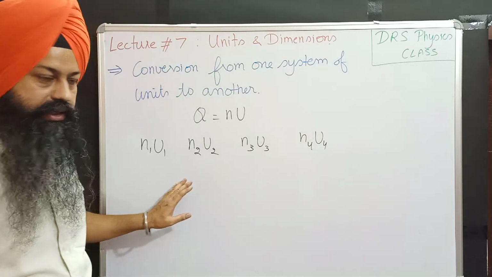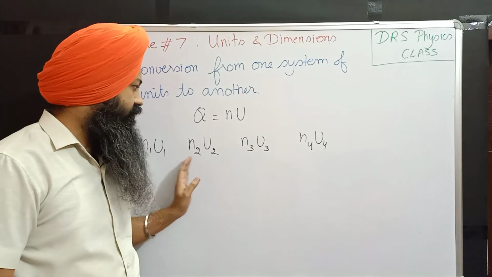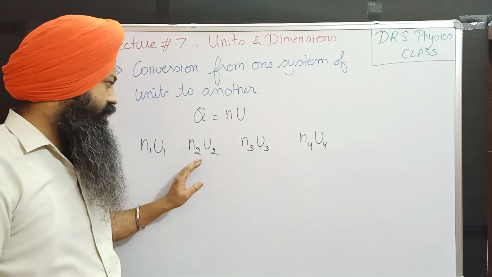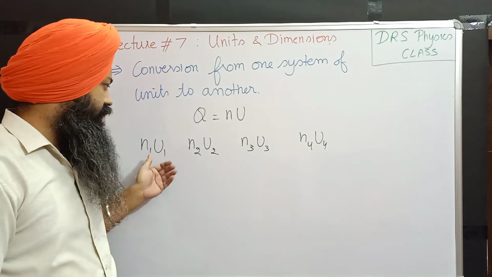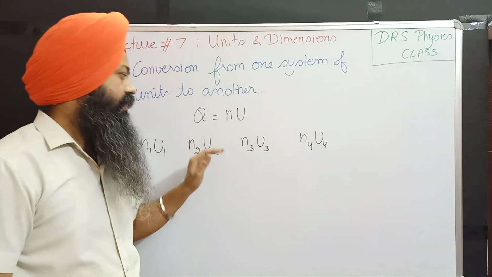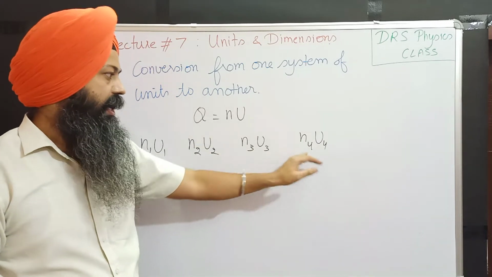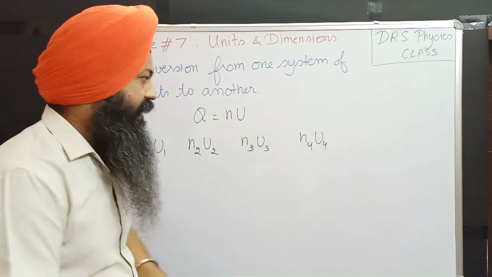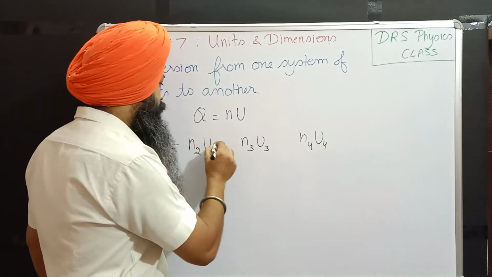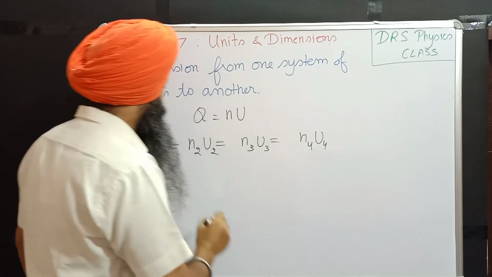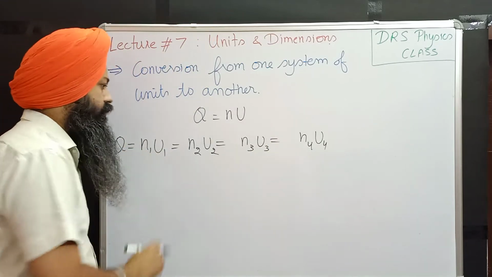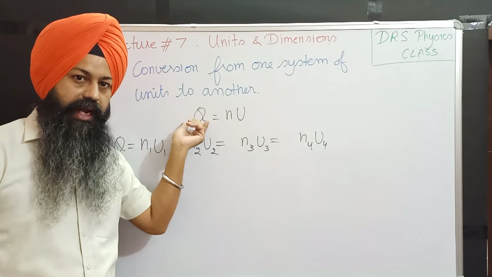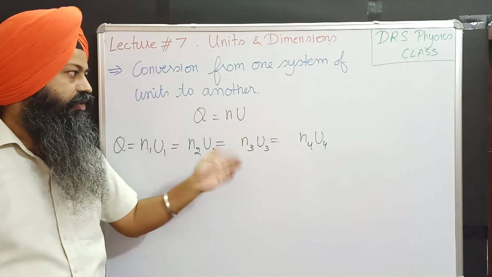So four persons have measured values in four different units. In the first system it is N1 U1, second N2 U2, third N3 U3, fourth N4 U4. What will they find? They find that all these values are equal to Q. So the quantity does not change, only its expression changes.